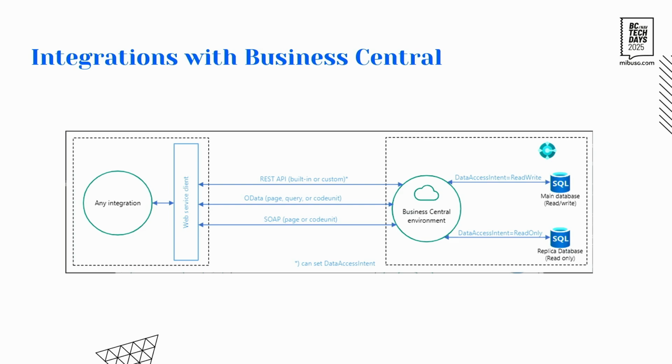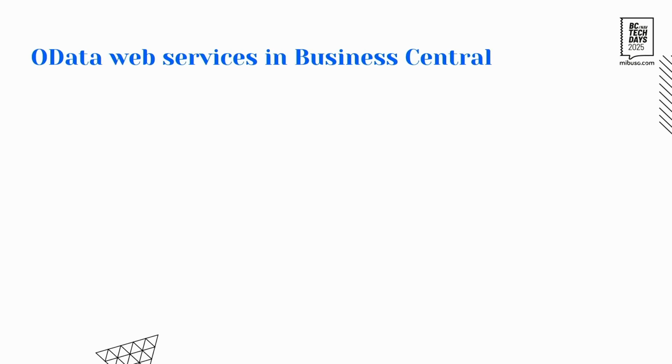One is REST API, another is OData, and the third one is SOAP. Now, as most of you should know, SOAP is on its way to deprecation. REST API and OData are the ones which we recommend using. Out of that, the Excel add-in uses OData. So we'll talk a little bit more about OData and some more details about it.